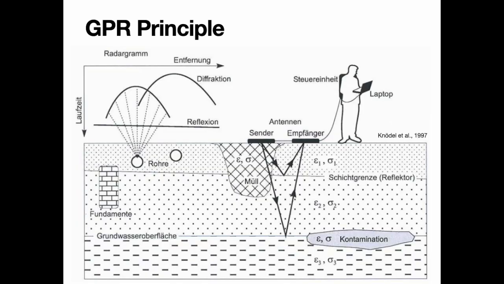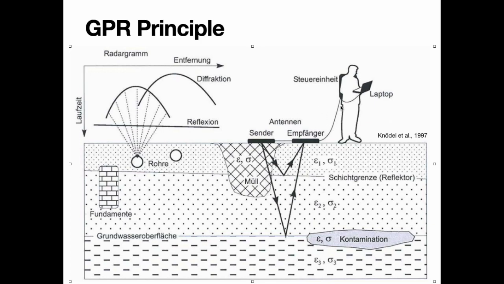Here it is in more detail. You see a complex site here with 3 layers with different properties. Here's a site of deposition of waste and some pipes and some foundation. So there are lots of things to see in this ground.